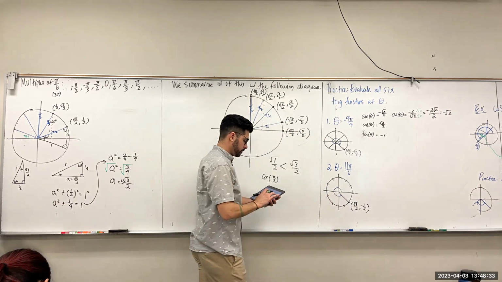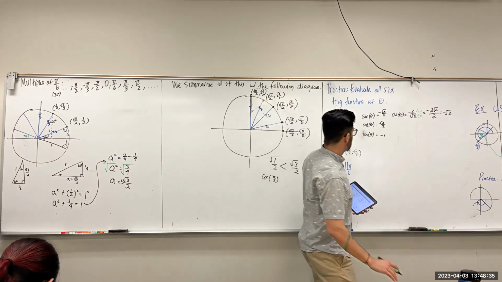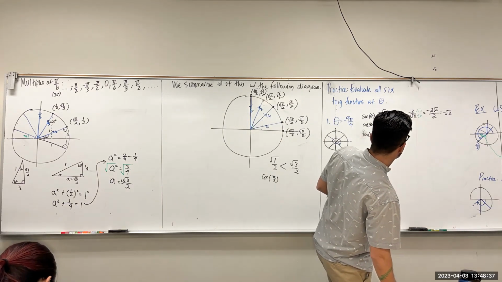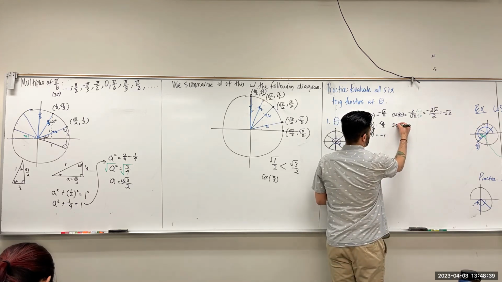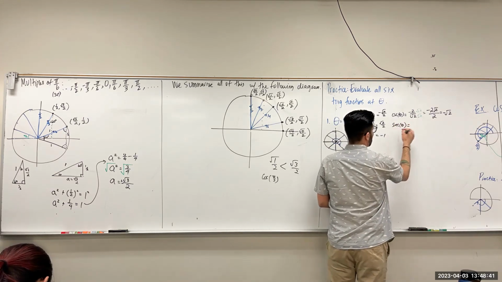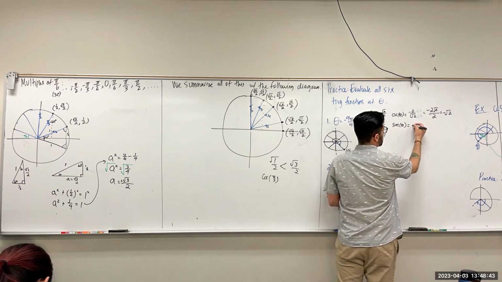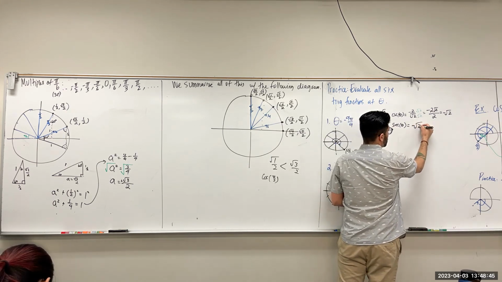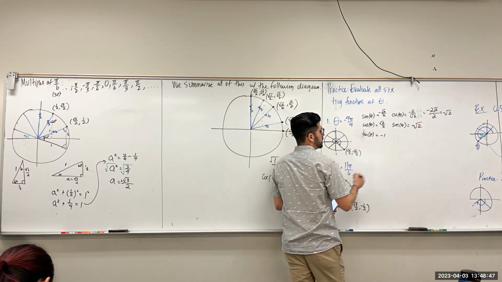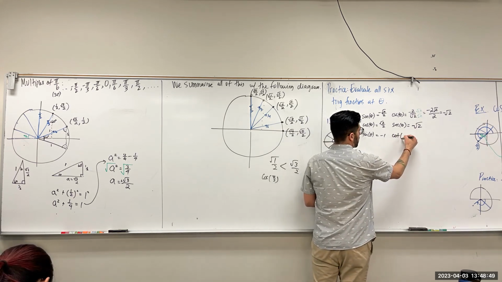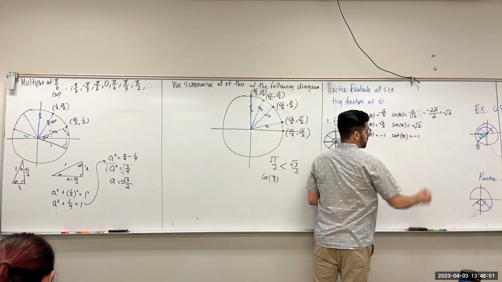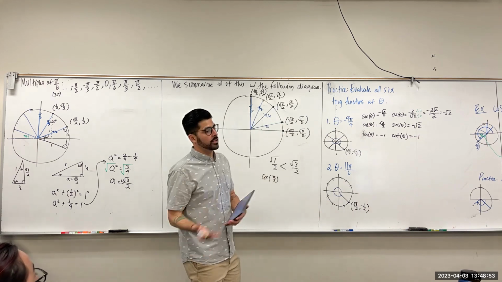Okay. Does that look right? Yeah. Secant of theta is the exact same thing, but in this case it's positive, so it's positive √2/2. And then the reciprocal of -1 is negative, or 1/-1.